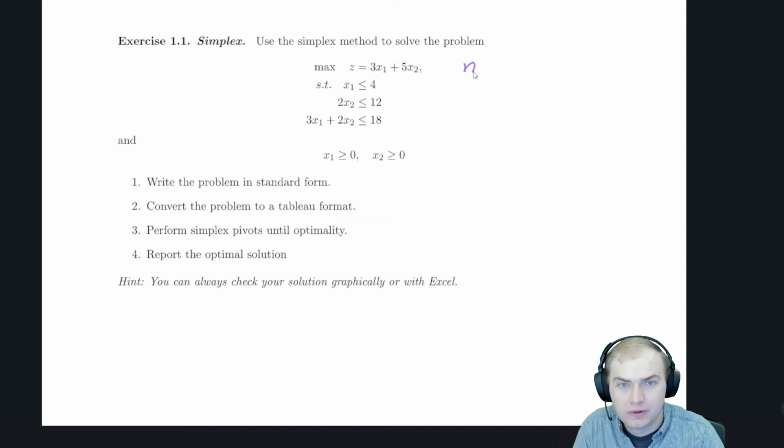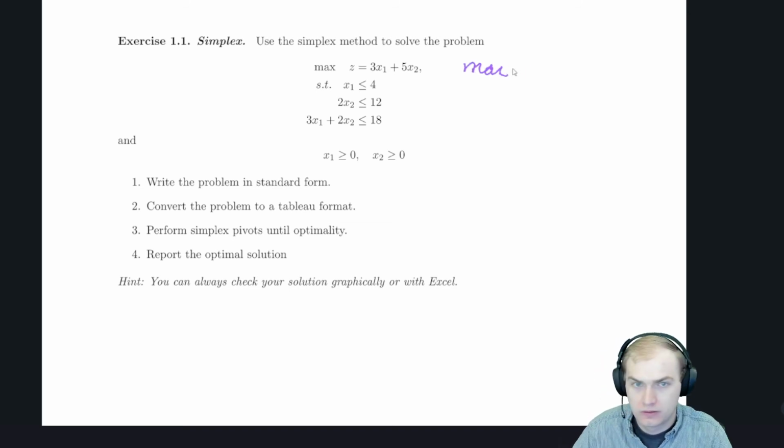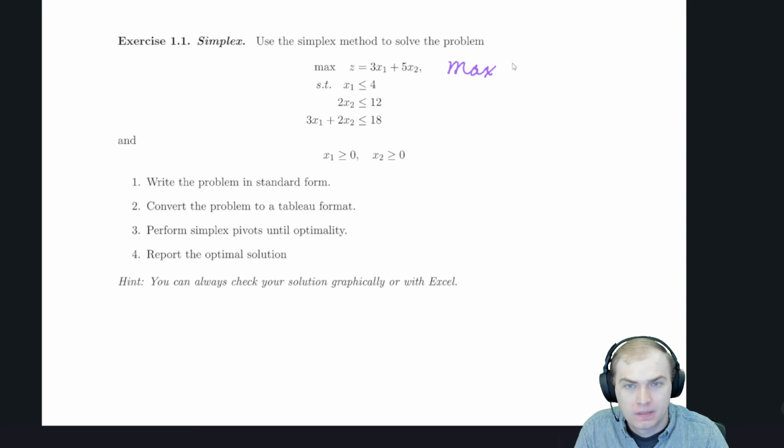Still a little big. Oh well. x1 plus, what do we need here?